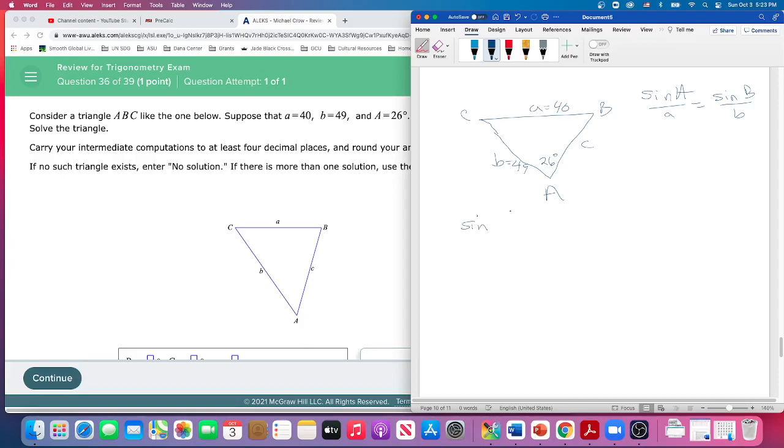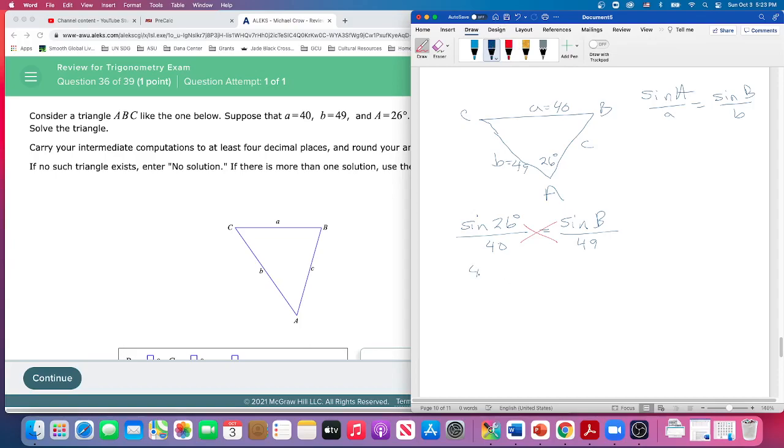So sine of A is 26 over 40, the side opposite, right? That's got to be equal to whatever the sine of B is, which we don't know, and this will take an inverse sine to find what that angle is, but we know the side opposite is 49. So we can cross multiply.